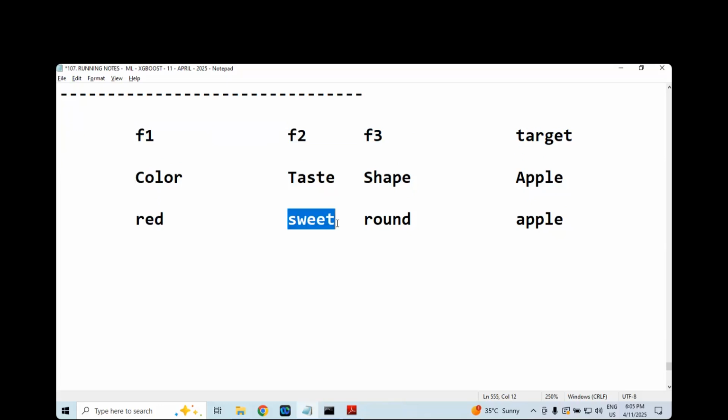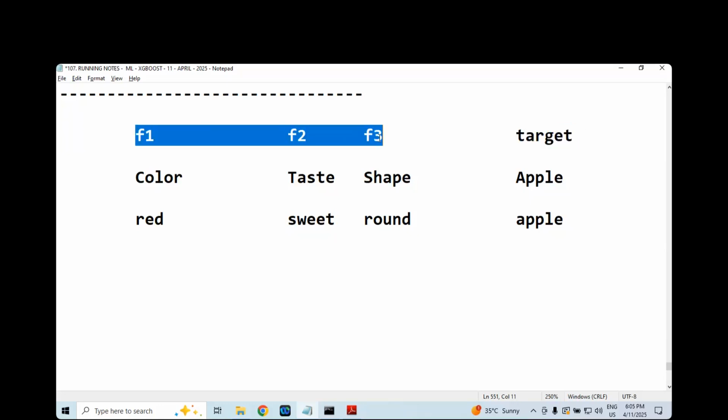What is the taste? Do you think there is any relation? No relation. But still, every feature contributes its score to get the target variable. These are all individual and independent features. It does not depend upon any other feature.